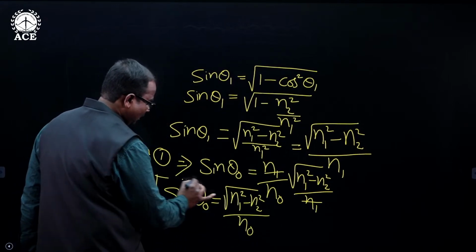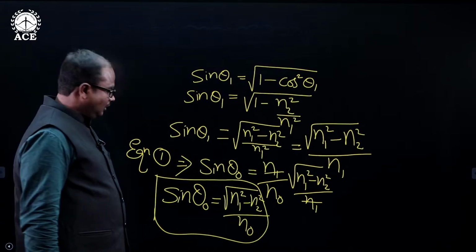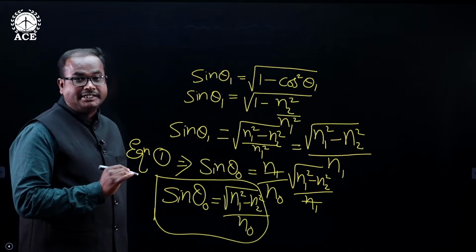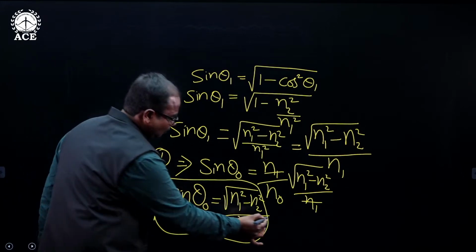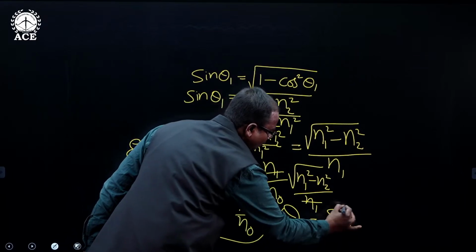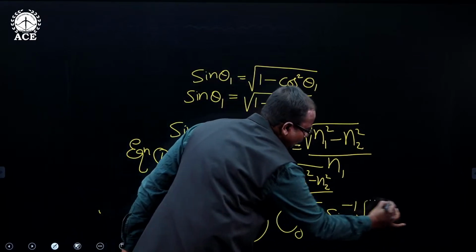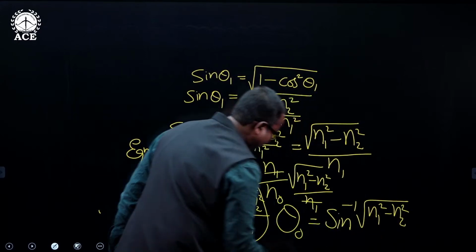Now this is the sin theta naught value. But we want the theta naught value, because theta naught is known as the acceptance angle. So theta naught is equal to sin inverse of under root of N1 square minus N2 square by N naught.